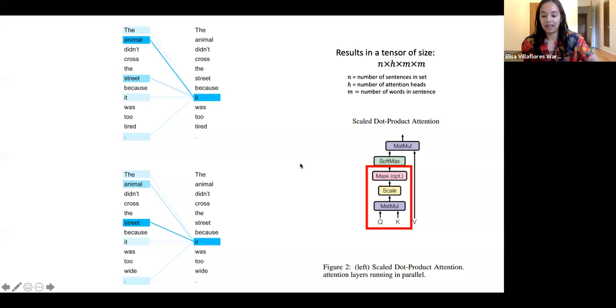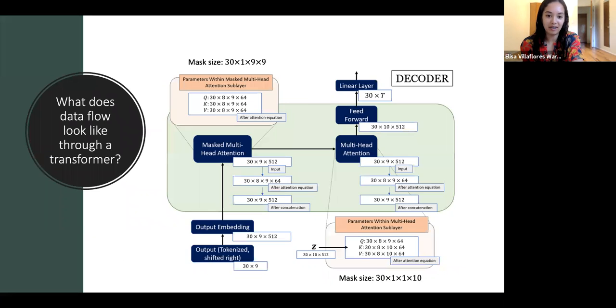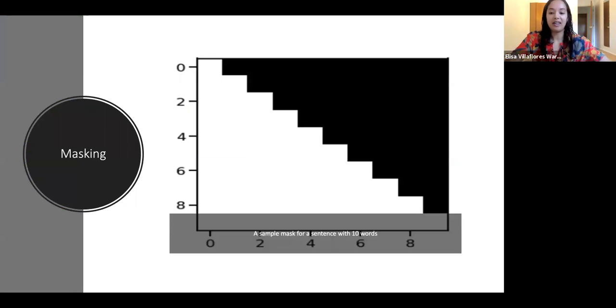No. Let me use the mask as an example. This mask is a 10 by 10 matrix.